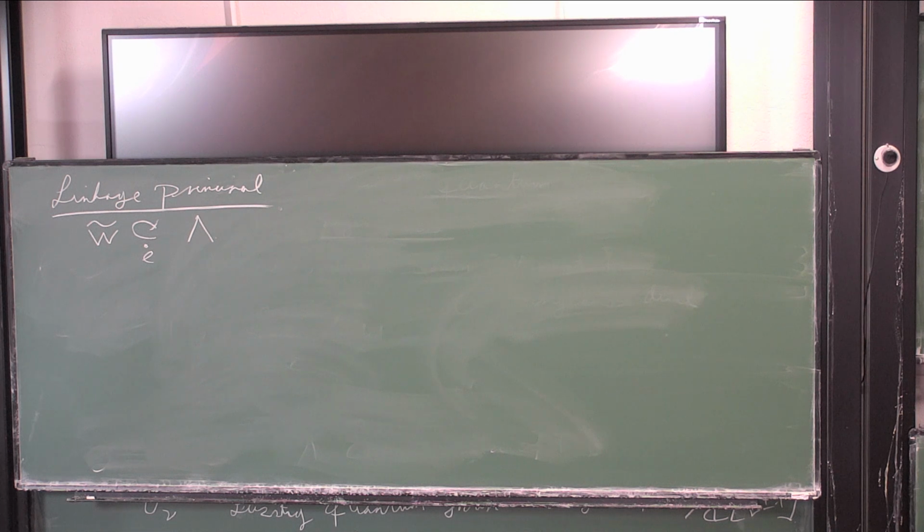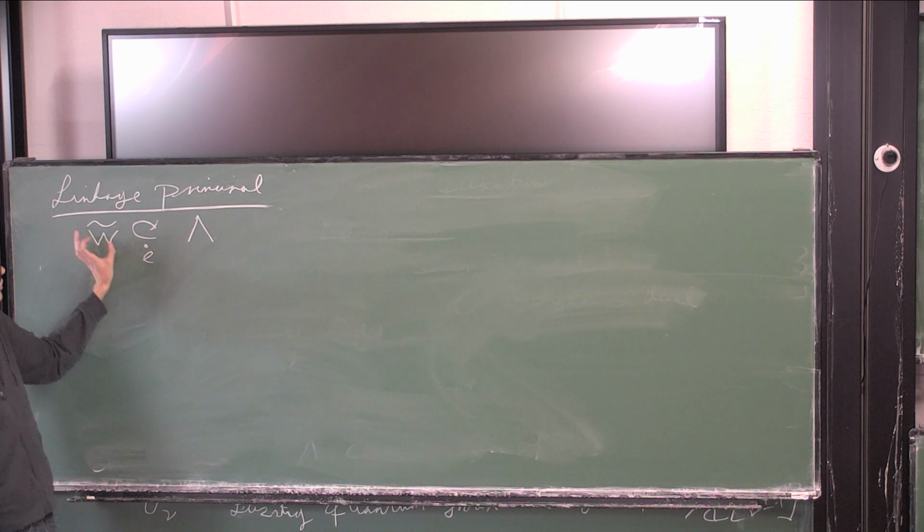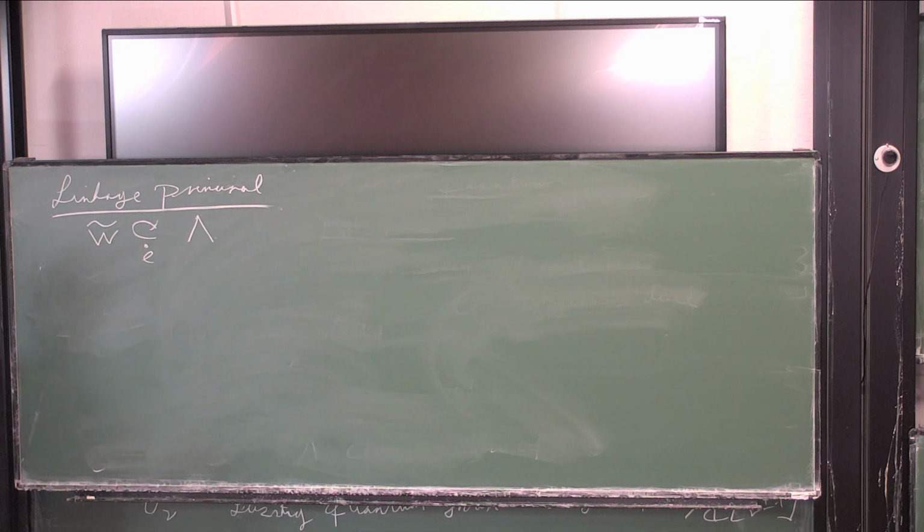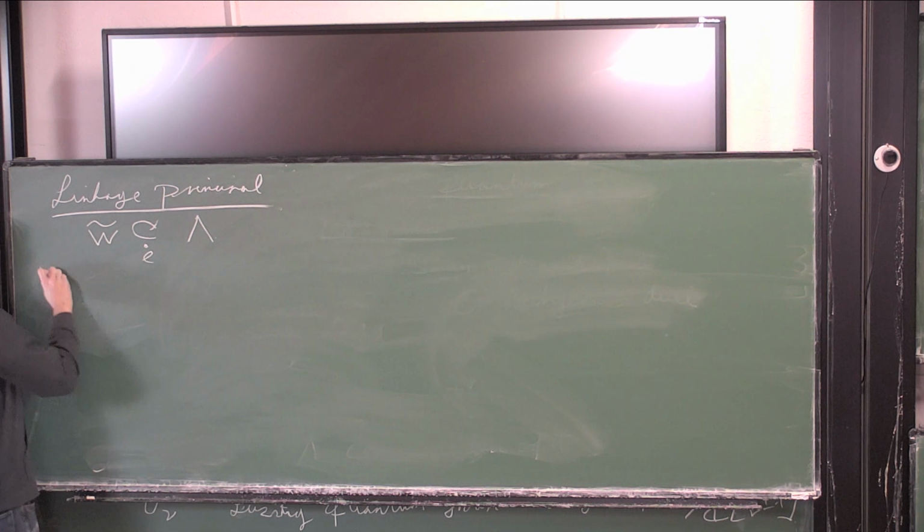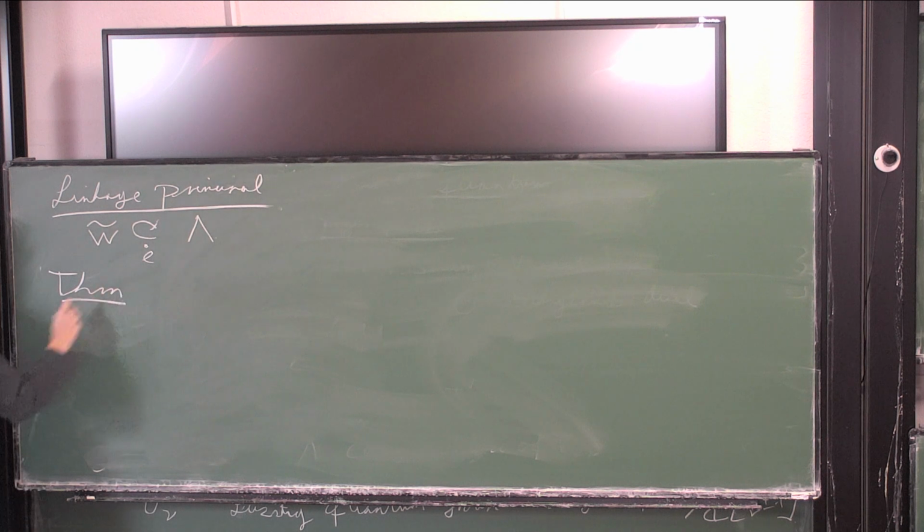Here it's a dot action because it's shifted by rho, the half sum of positive roots. And the lattice here acts dilated by L. But the case is there's some sort of action. What it is doesn't matter for me.